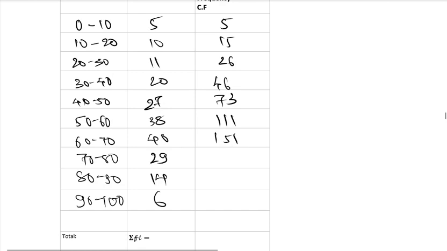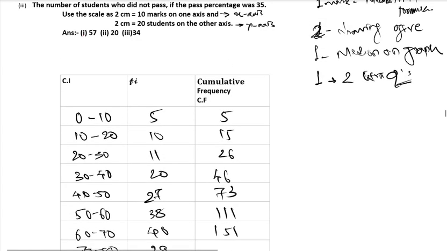So 151 plus 9 is 160 plus 20 is 180. 180 plus 14 is 194 plus 6 is 200. Correct. So sigma fi, that is n, that is 200. You got 1 mark.